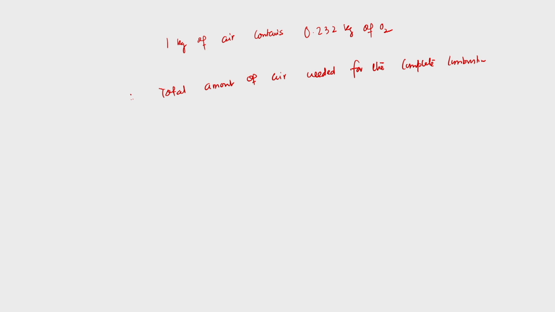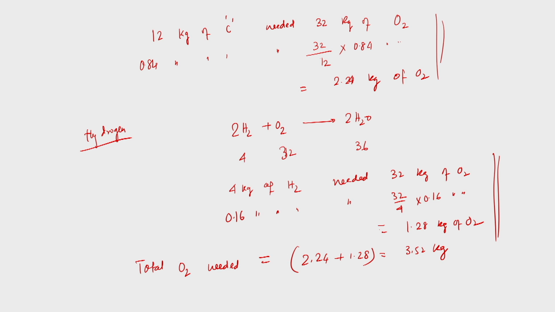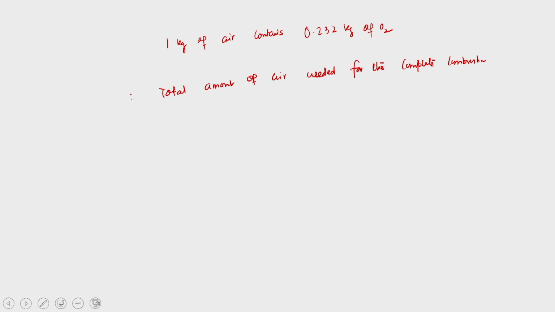We have calculated that 3.52 kg of oxygen is needed, and 0.232 kg of O2 is available in 1 kg of air.